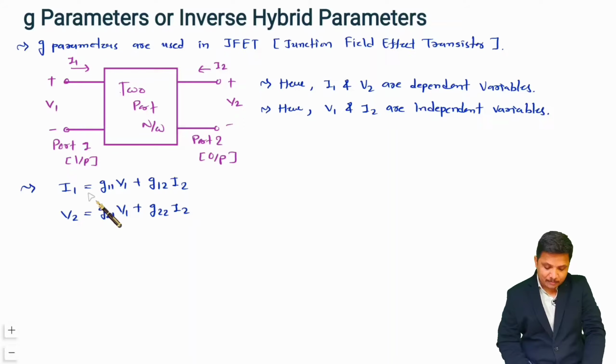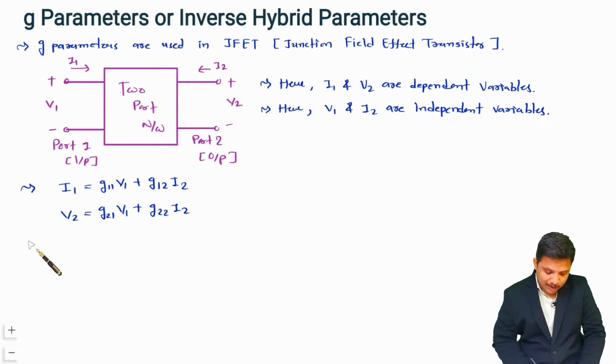If you see the H parameter, V1 and I2 are the dependent variables and I1 and V2 are the independent variables. So the G parameter variables are opposite compared to the H parameter variables.